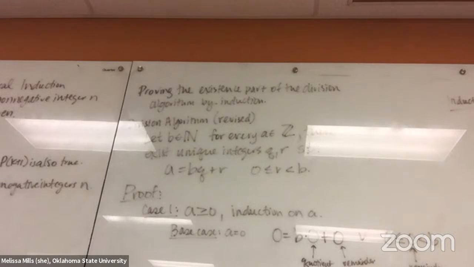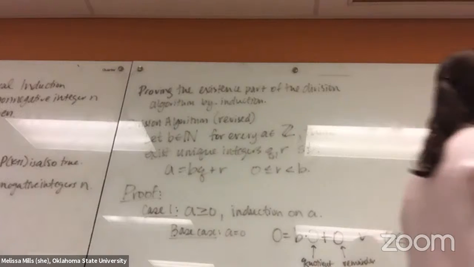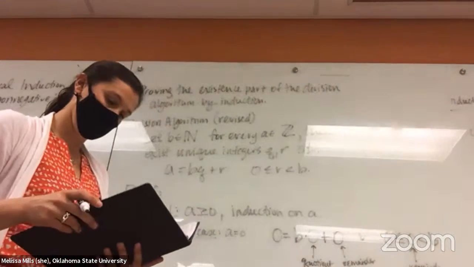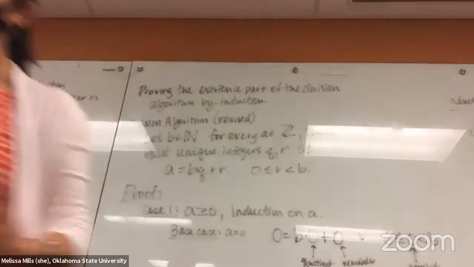So let's assume that A equals B times Q plus R, where 0 is less than or equal to R, which is less than B. And then we want to consider A plus 1. Well, what's A plus 1 equal to?